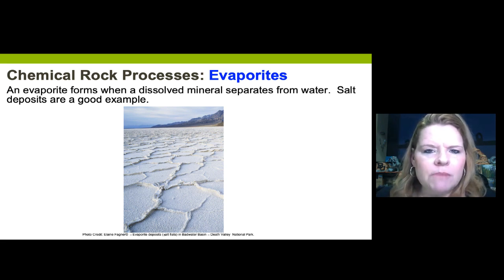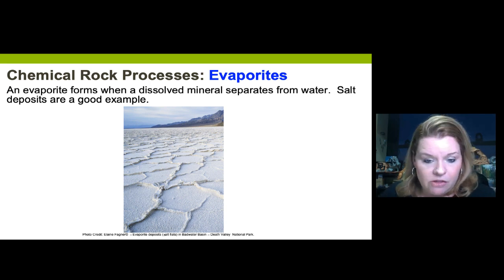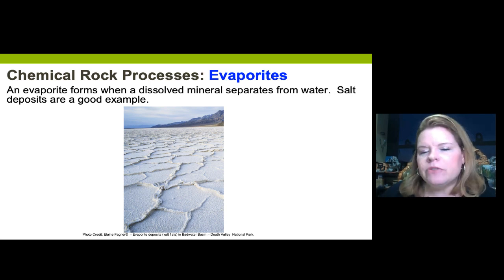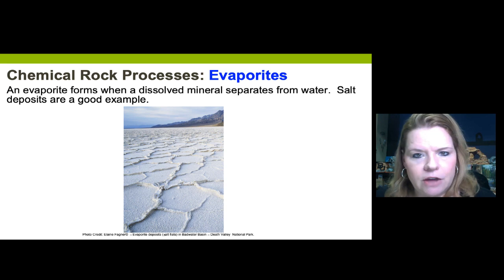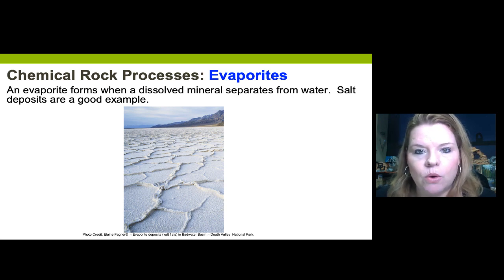So these dissolved minerals that are in water become solids when the water goes away, when it evaporates. So evaporites are important for a clue, because if you have a bunch of them like the salt flats here, that tells you that you had saline water there at some point. So that's another clue.